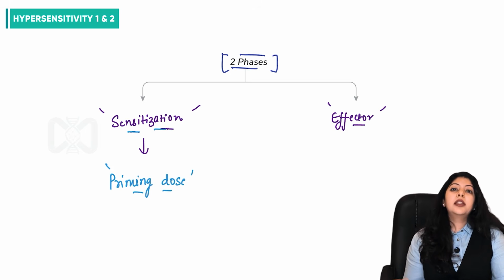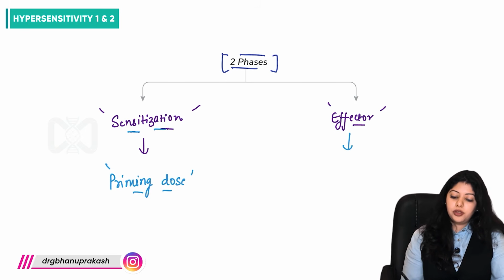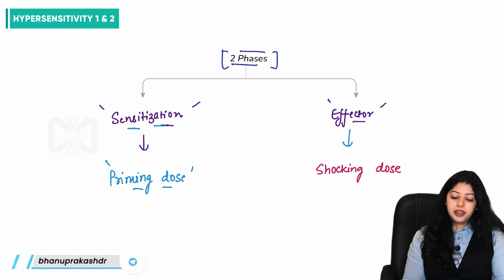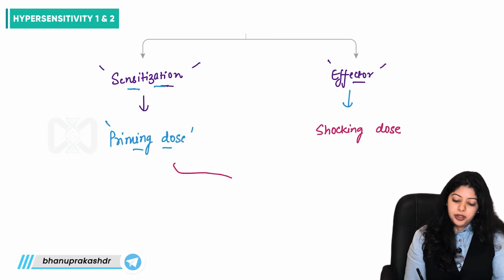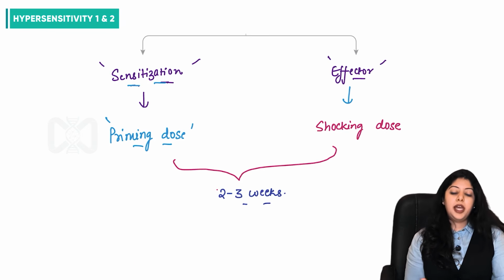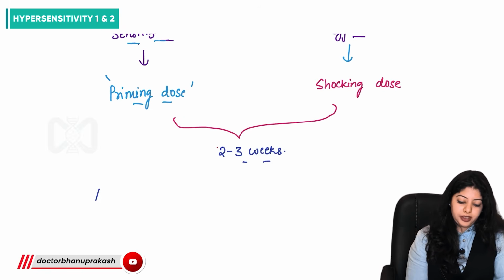When the subsequent contact with the same antigen occurs, the dose is known as the shocking dose. The time interval between these two phases is roughly 2 to 3 weeks. And remember, the kind of antigen we are talking about is the soluble antigen.